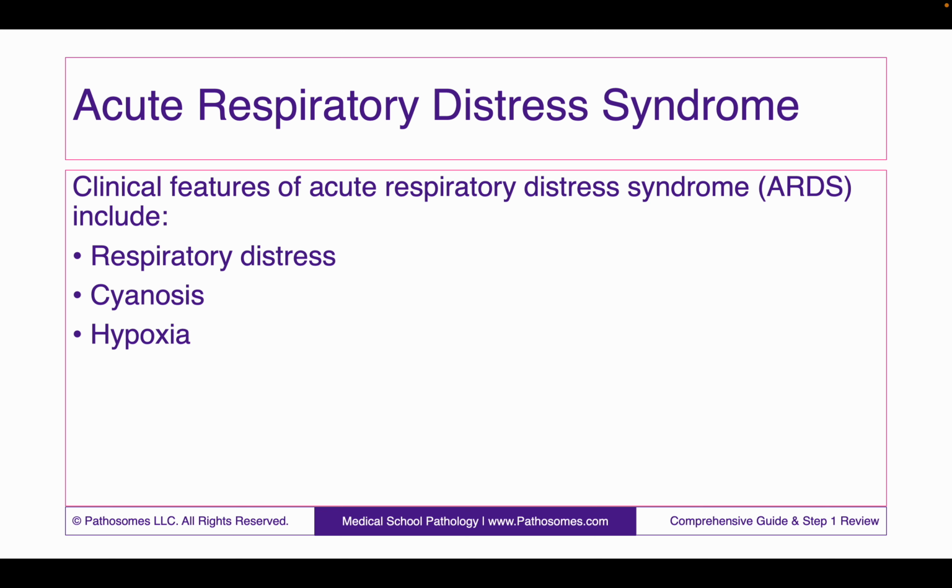Now, what are the clinical features of acute respiratory distress syndrome? Well, obviously, it's affecting the lungs, right? So you can start there. Patient will have respiratory distress, cyanosis, and hypoxia.